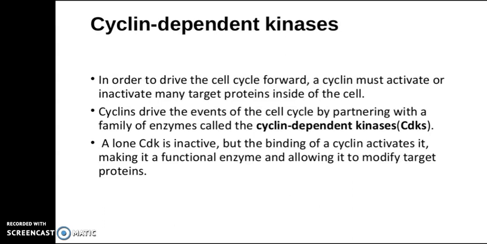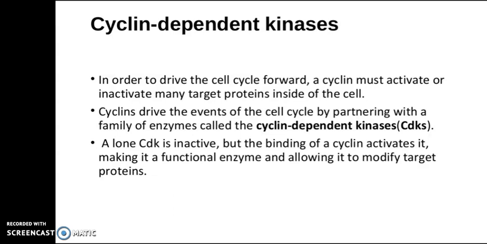Cyclin-dependent kinases. In order to drive the cell cycle forward, a cyclin must activate or inactivate many target proteins inside of the cell. Cyclins drive the events of the cell cycle by partnering with a family of enzymes called the cyclin-dependent kinases.